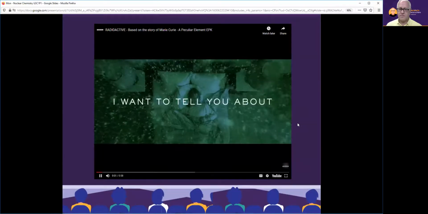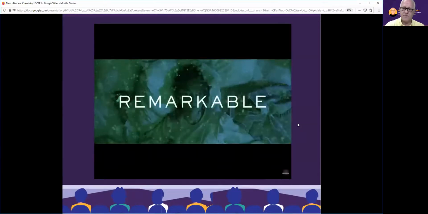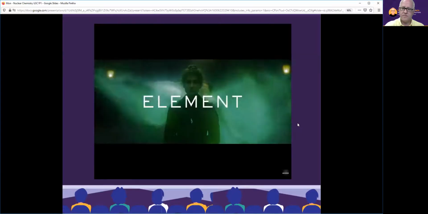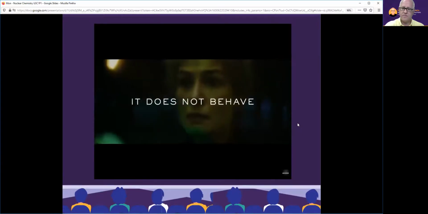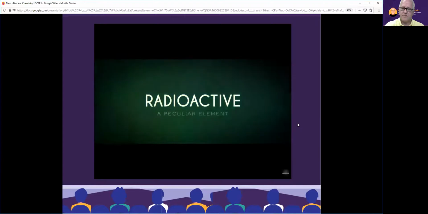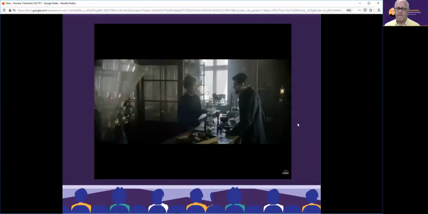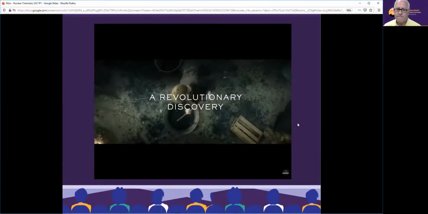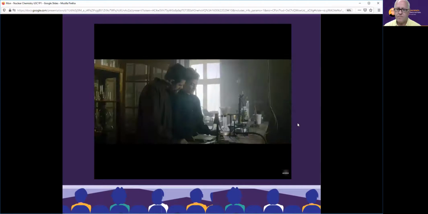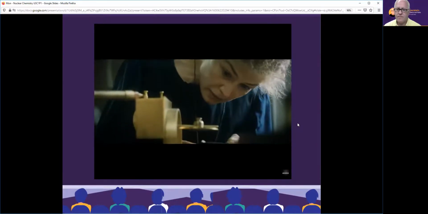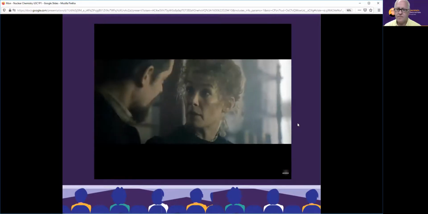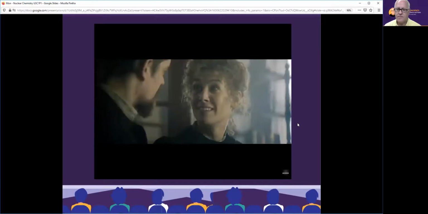I want to tell you about radium, the most remarkable, peculiar element, because it does not behave as it should. I measure uranium and I discover less radiation than I do in its ore. The ore is more powerful than the element. Exactly. My instinct is that there is another element skewing the results. You think you found an undiscovered element? If you're laughing at me, then I'm not. That's exciting.